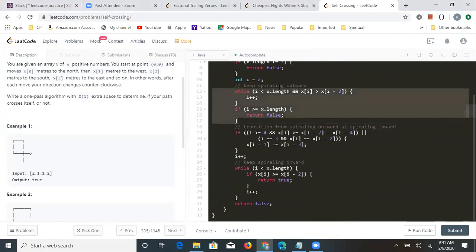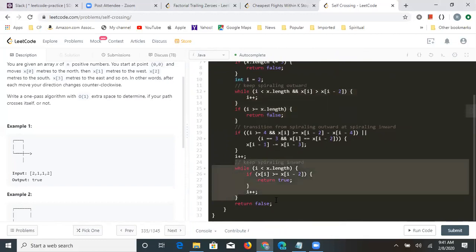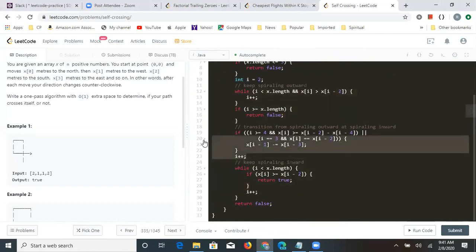So same thing, we keep going outward, we keep going inward here, and in between, we check whether we need to change the new boundary or not. And for that, you will do these checks. If you draw the picture, it will become evident what we mean. But if anyone has any problem, I can go and try to explain that too.